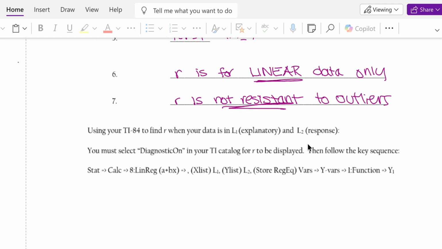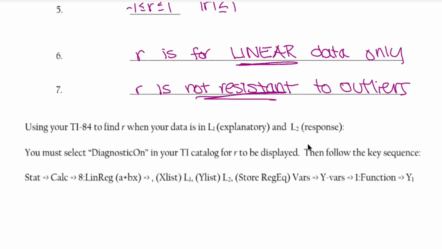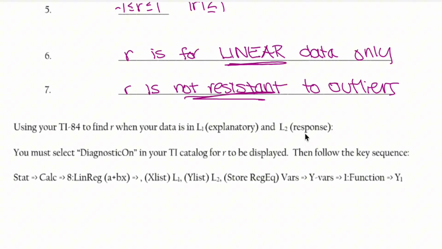So using your TI-84 to find R when your data is in L1 explanatory and L2 response, we'll do this later in the videos. But just know that when you're putting your data into your calculator, L1 is always with X values, L2 is always with Y values. You must select diagnostic on in your TI catalog for R to be displayed.